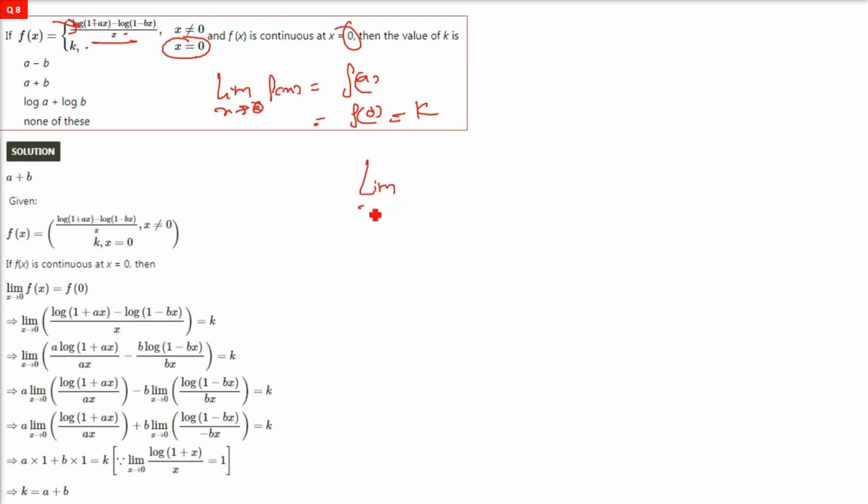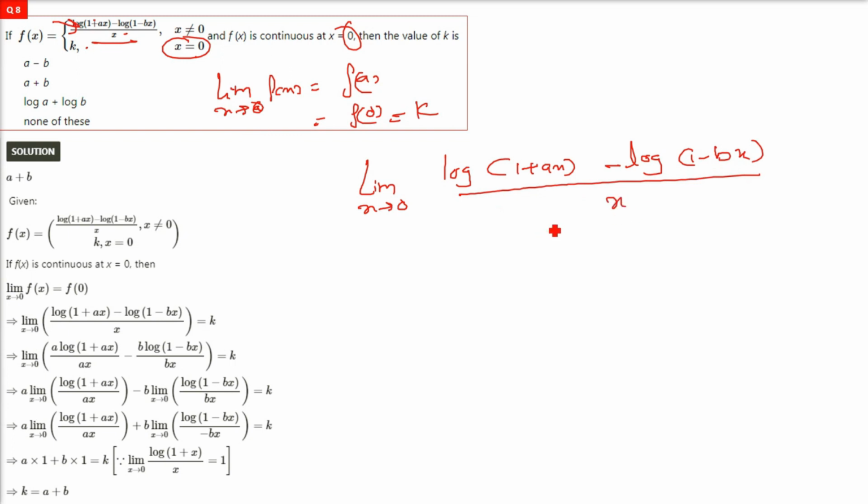So limit x tends to 0 of log(1 plus ax) minus log(1 minus bx), and this is divided by x. You can just separate it because the denominator is common to both of the above terms. Log(1 plus ax) divided by x minus log(1 minus bx) divided by x.